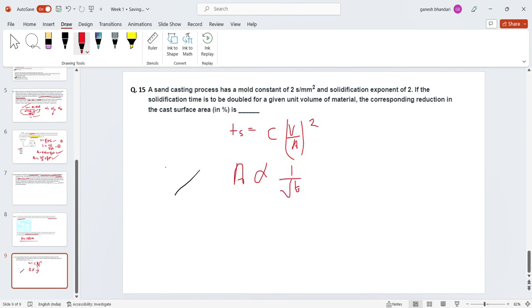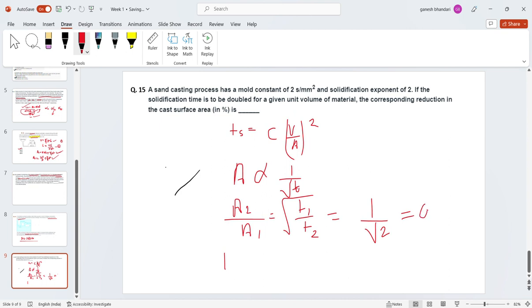This you just need to focus on. From here you can find the relation between A2 and A1, which will come as root T1 by root T2, and then it will be around 1 by 2. From here you can solve this, and then just do minus 1.